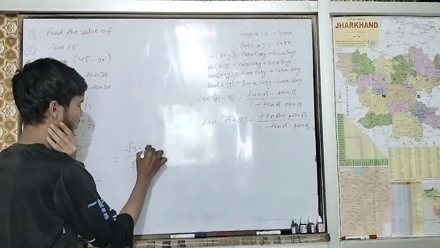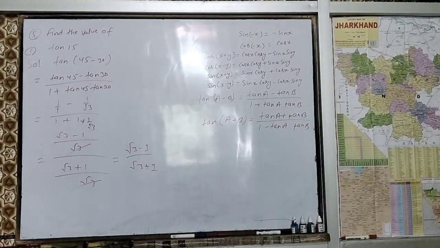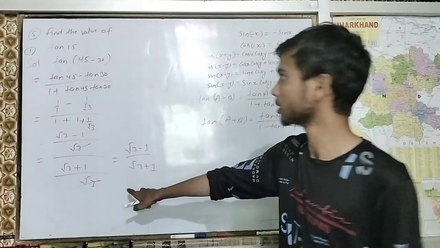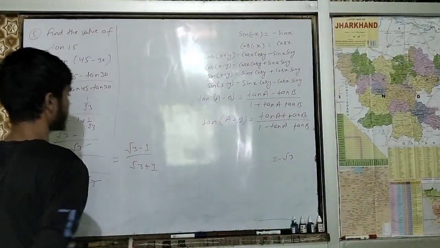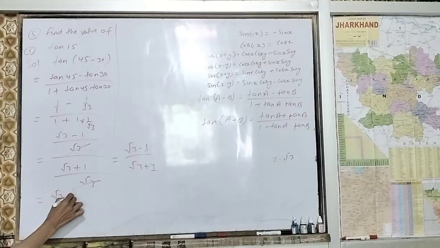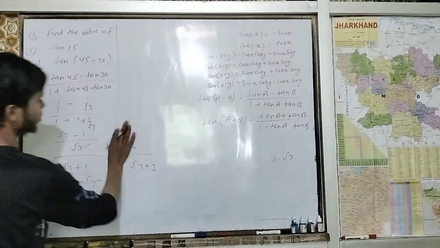Yeah, here one thing will come, that is rationalization. This is your choice, brother. At the end, we will get 2 minus root 3 after rationalization. So I am rationalizing over here. Let me write this part, root 3 plus 1.